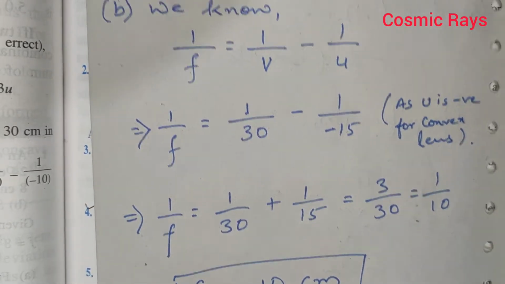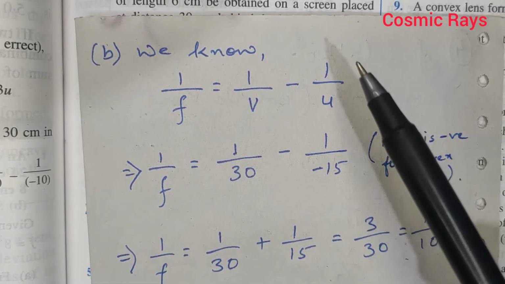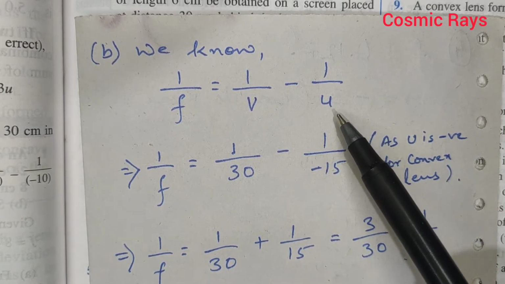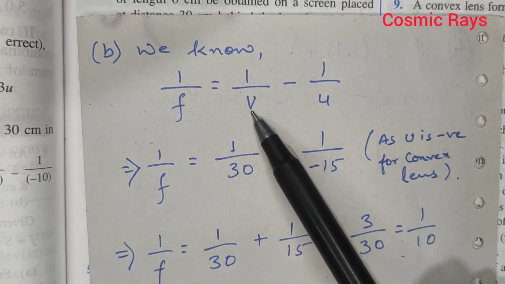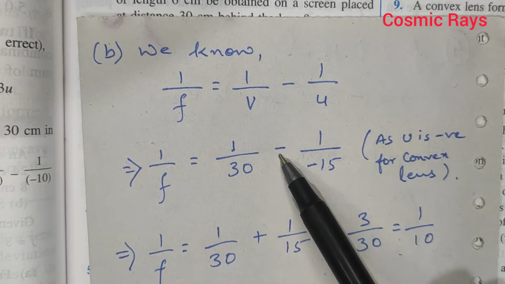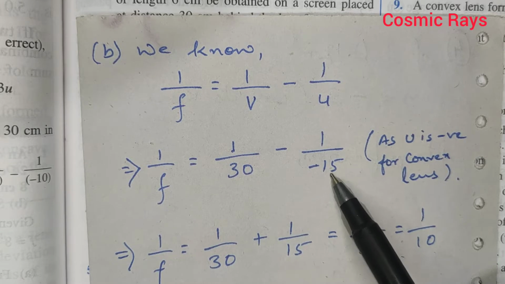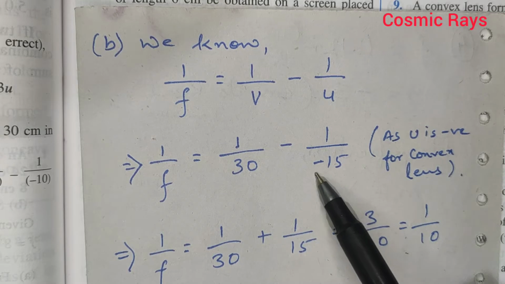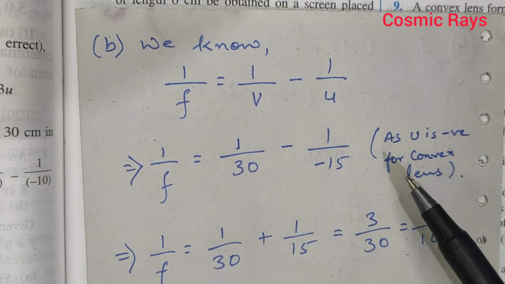Now the second part of the question says we have to find the focal length. So for finding the focal length, we are going to take help of the lens formula, that is 1 by f is equal to 1 by v minus 1 by u. So 1 by f is equal to 1 by image distance, 30, minus 1 by object distance we have calculated as 15, and since it's going to be in front of the lens, so we put minus sign, or you can check from the sign convention that we discussed before starting the numericals.